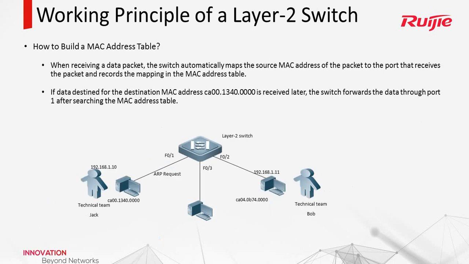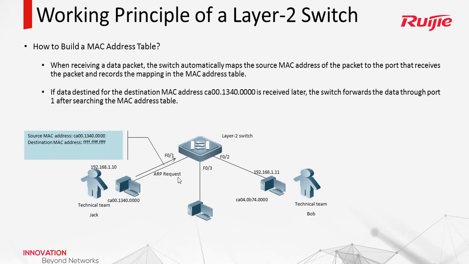Here is an animation. When Jack's PC sends the ARP request to the switch, it describes the source MAC address as Jack's PC's MAC address, and the destination is all F because this is an ARP request.